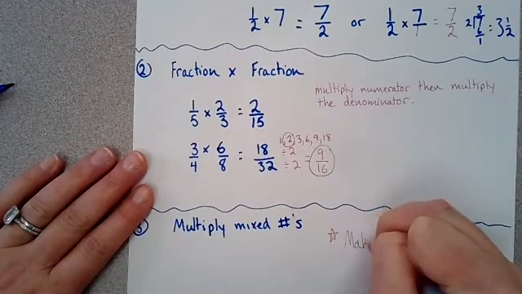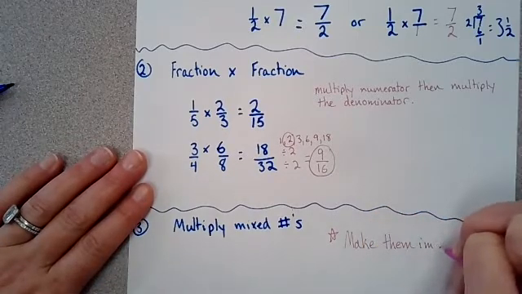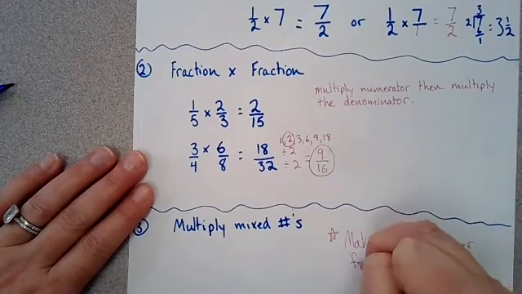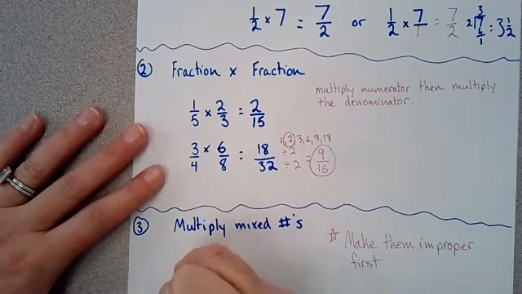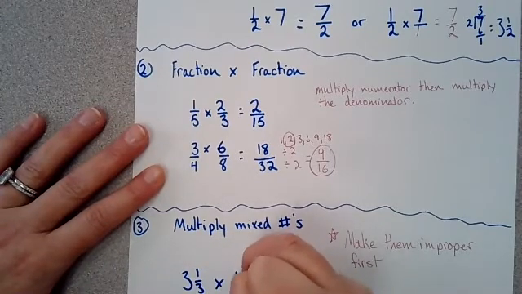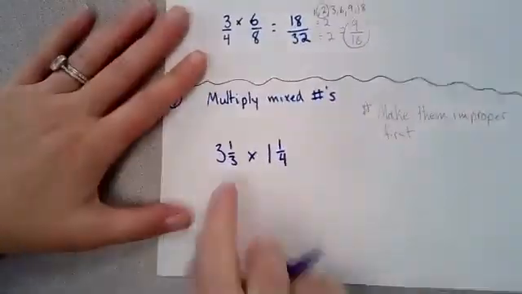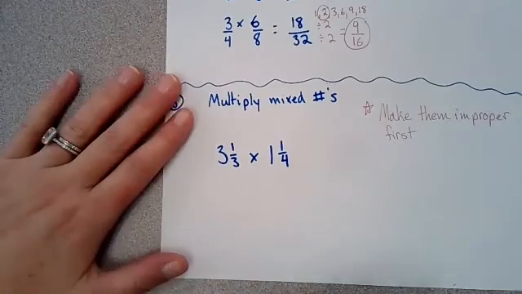Make them improper first. You cannot multiply mixed numbers until they are improper. So here's what they would look like. So if you've got 3 1/3 multiplied by 1 1/4. Before you can multiply those, you have to make them improper. If you multiply them as they are, it'll never work.